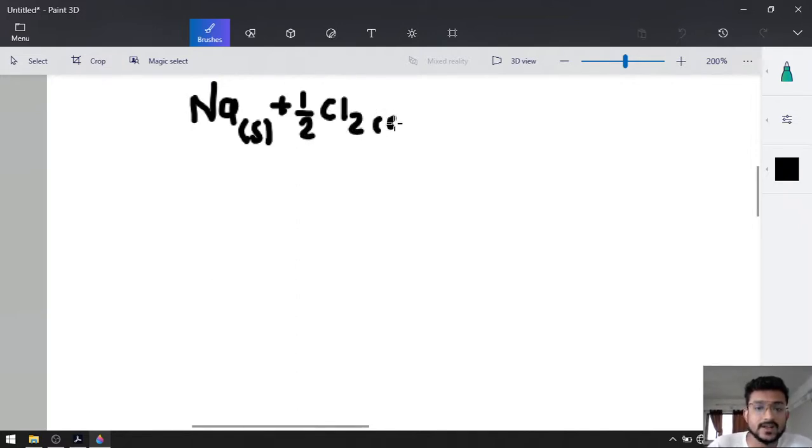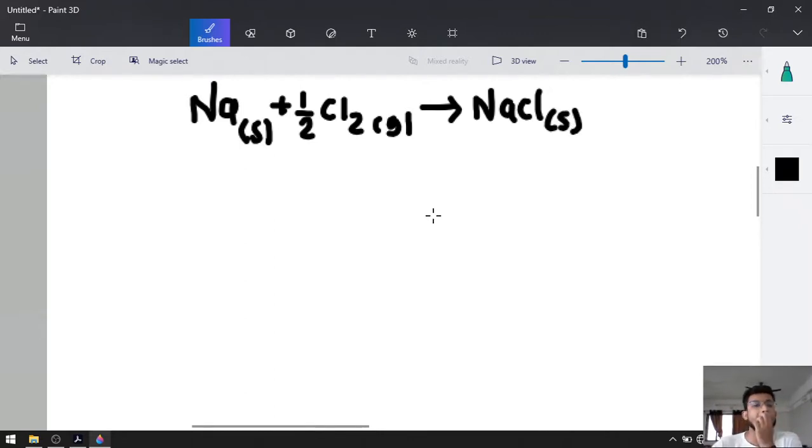The formation reaction is taking place over here, which will provide me NaCl solid, which is a formation enthalpy. So this reaction is a formation reaction, both are in elemental form and in the standard form.